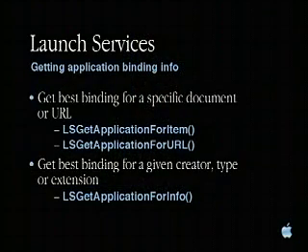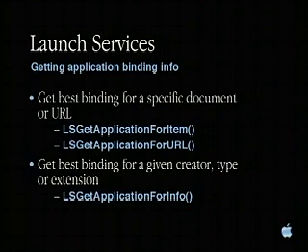Getting bindings information: if you want to find out what the binding is for a document or a URL without actually opening it, you can call GetApplicationForItem or ForURL. It will return to you an FSRef or a CFURL to the application that is the default binding for that item.